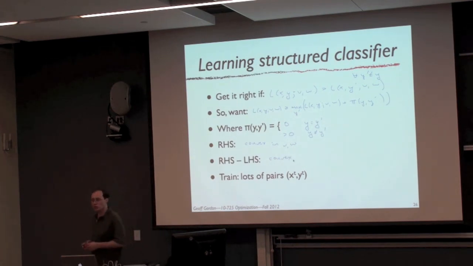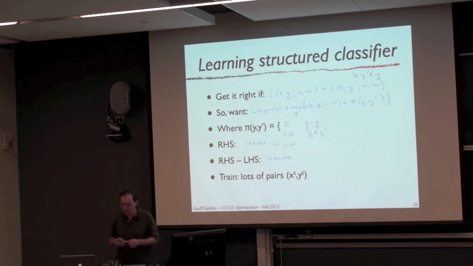And so what's going to be true? If the right-hand side is 0, then that means that everything's good, right? It means that the true thing is actually strictly bigger than every other thing because I've got these pi things in there that push the y and y prime apart.